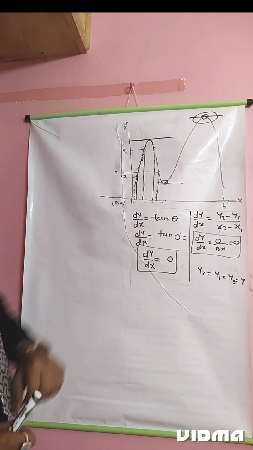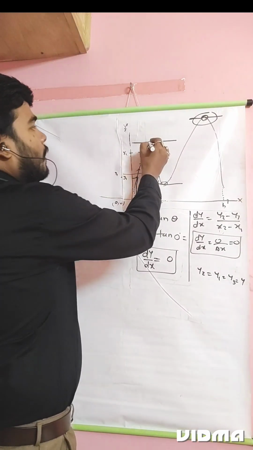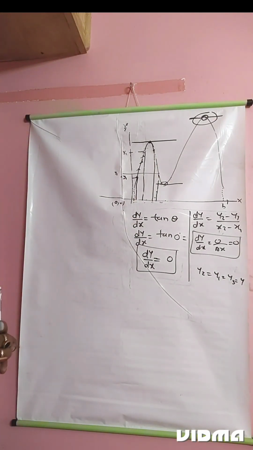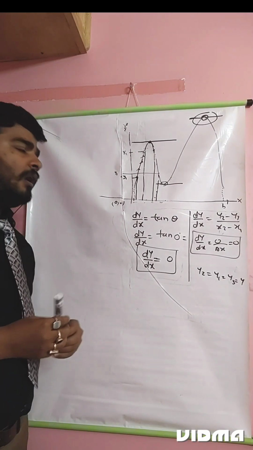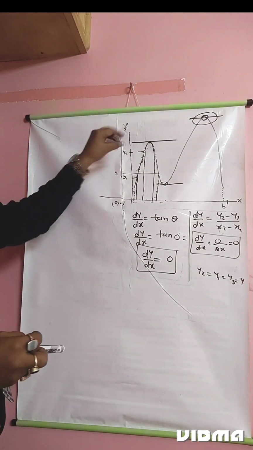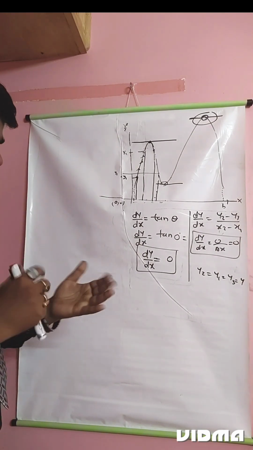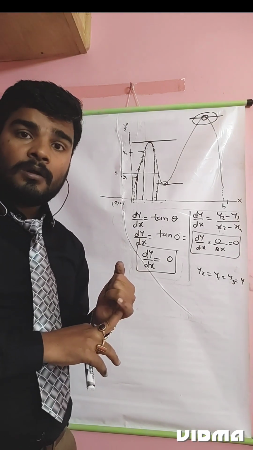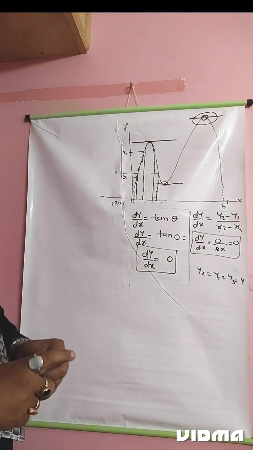And how can we judge whether at a particular critical point the function attains maximum or minimum? It is clear from here that at the critical point, the function attains either maximum or minimum. But sometimes it is not true.